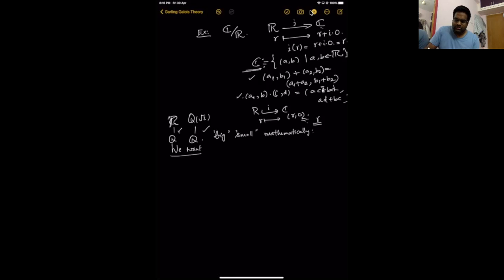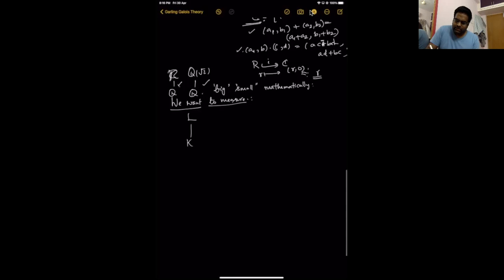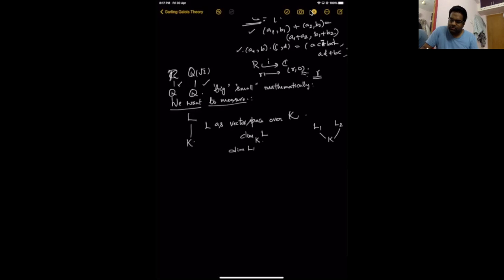The way to quantify is we want to measure how big an extension is, and the way to do that is to consider the extension L over K as a vector space over K. And once you consider L as a vector space over K, you can talk about the dimension of the vector space L over the base field K. If there are two fields L1 and L2, and if the dimension of L1 over K is less than the dimension of L2 over K, you say that this extension is smaller compared to this.